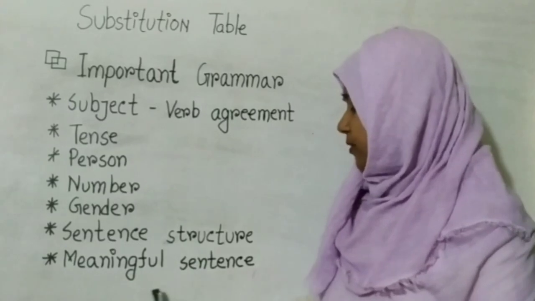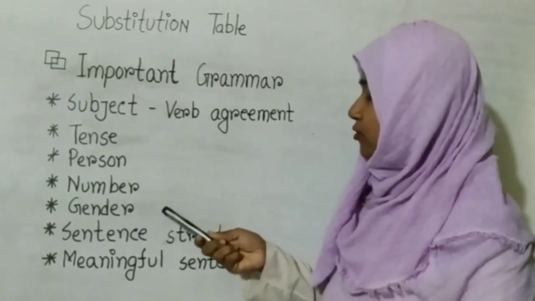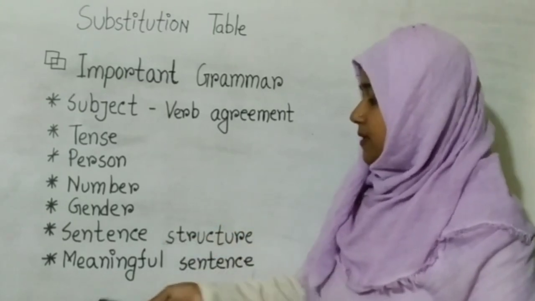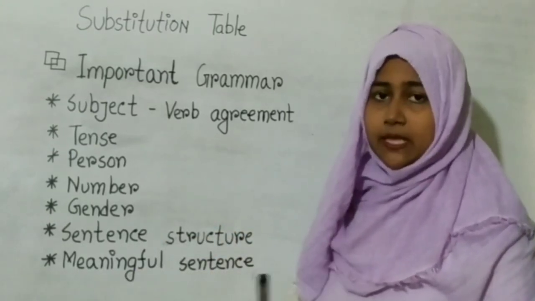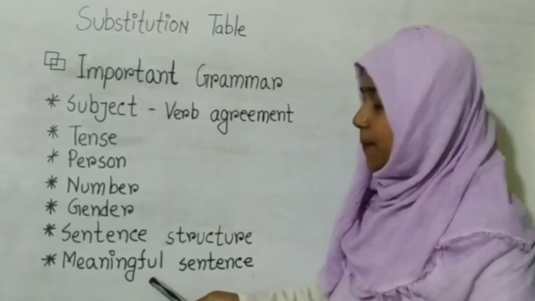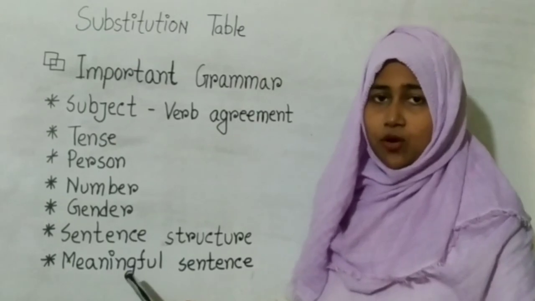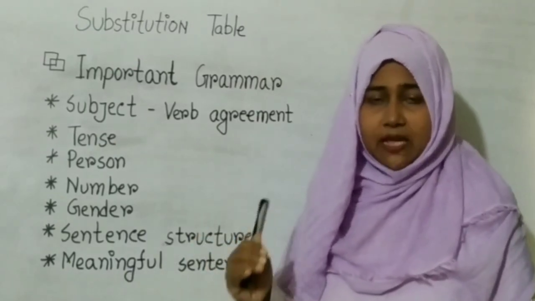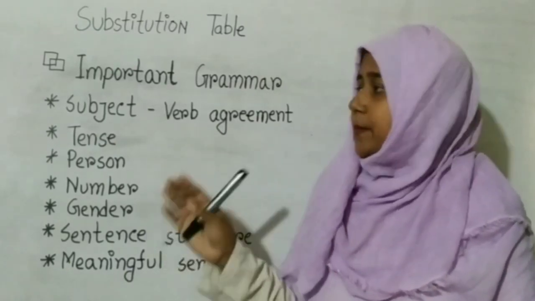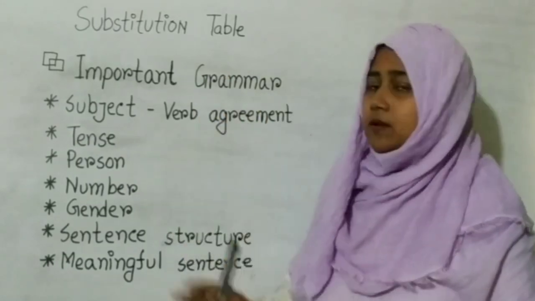Then meaningful sentence. You may have followed all the rules, but if the sentence you have written has no meaning, you will not get any benefit for writing a meaningless sentence. So you should write meaningful sentences according to the rules of this grammar.